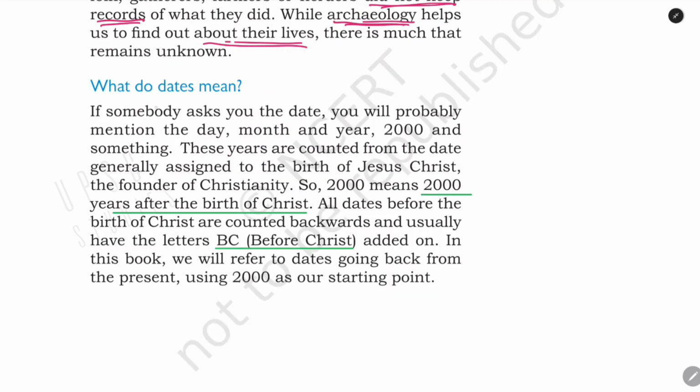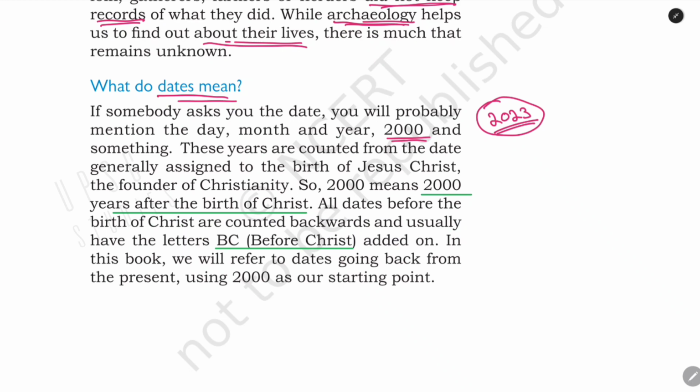In the last portion, we can study what dates mean. We usually hear 2000 BC, 2000, like that. So what about the 2000 and something? Probably in this year it is 2023, right? What does this 2023 mean?